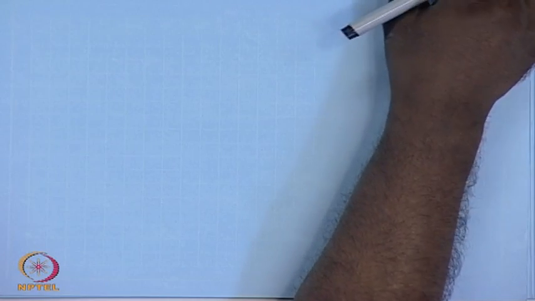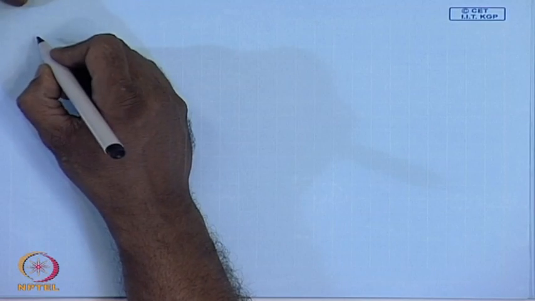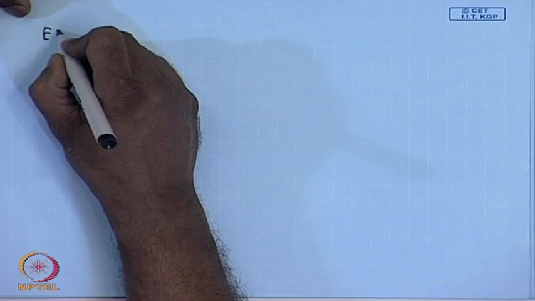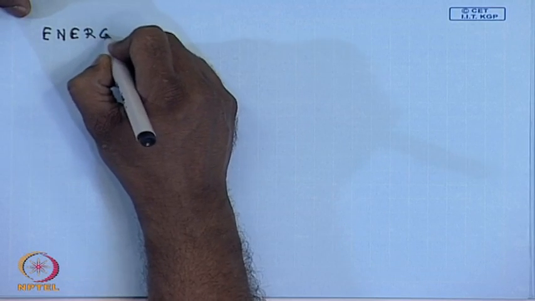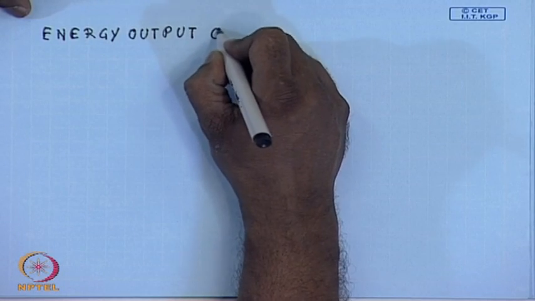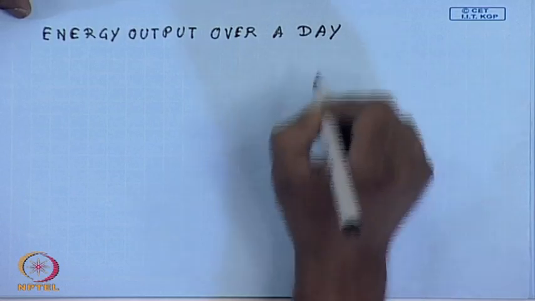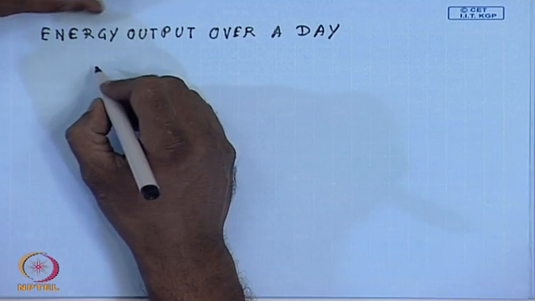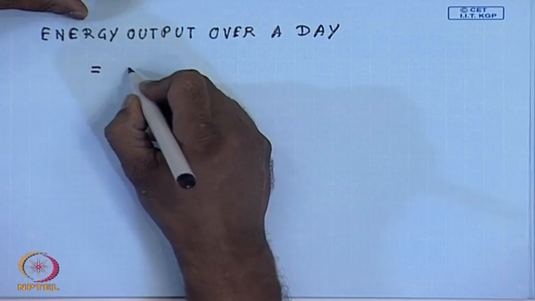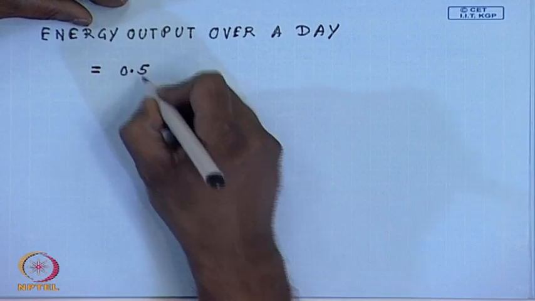The energy output over a day, if let us say the transformer KVA rating is KVA rated, is equal to 0.5 into 25% of a day, that is 6 hours.